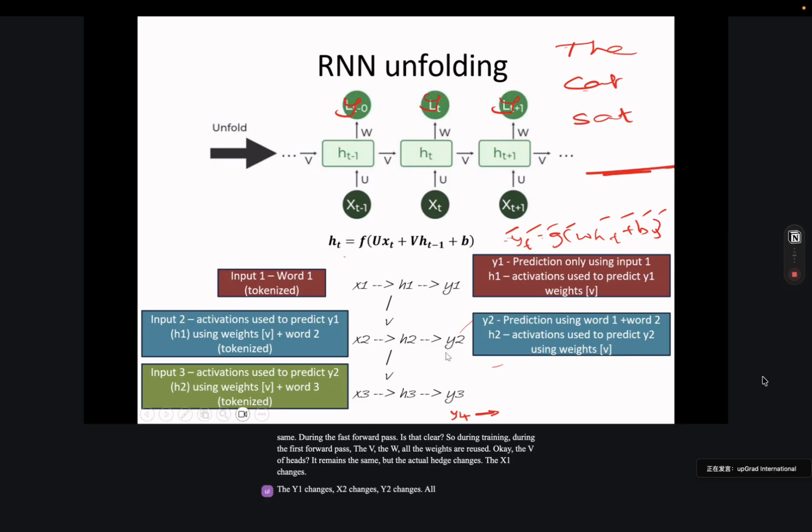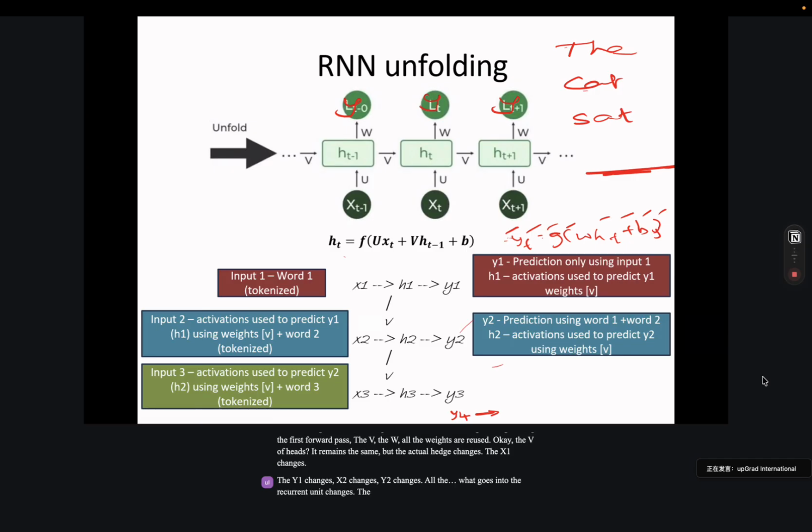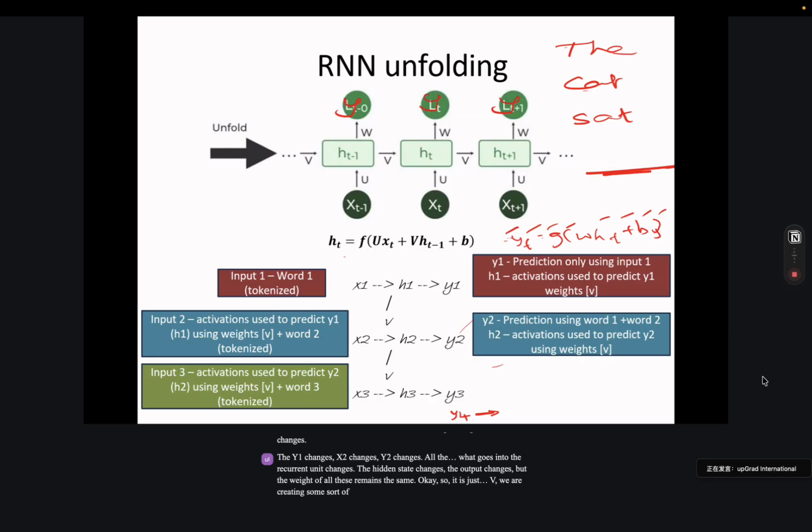All that goes into the recurrent unit changes, the hidden state changes, the output changes, but the weight of all these remains the same. Okay, so we are creating some sort of a recursion within that neural network where we are using the same weight within a particular unit.